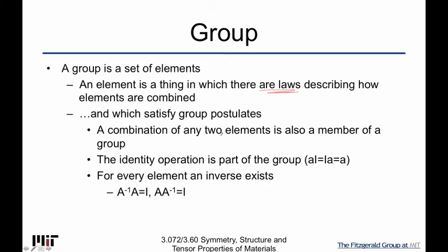So one of the rules is that a combination of two elements in a group creates another member of the group if such a combination produces something. The identity operation is part of the group.